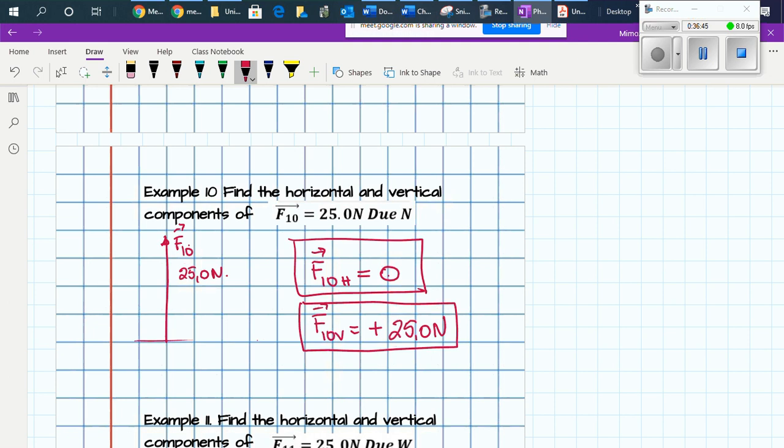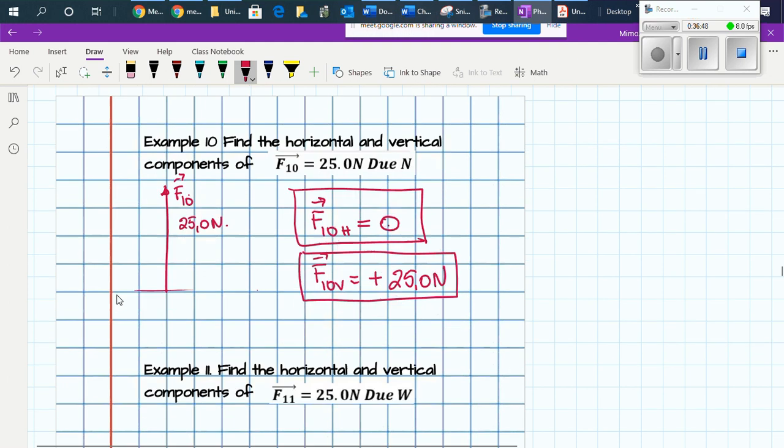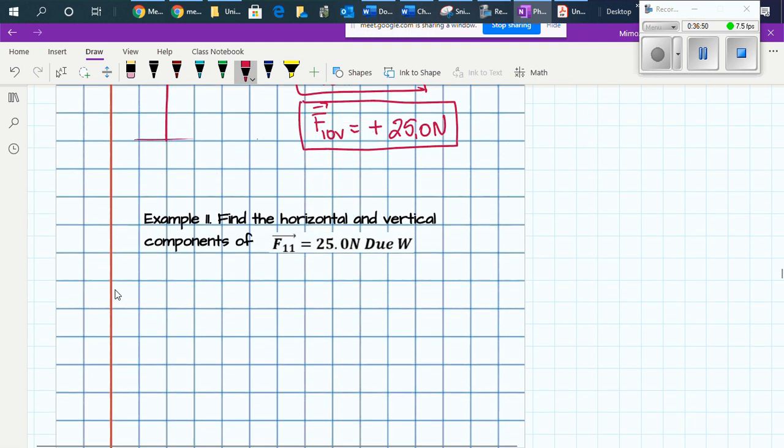Or when we have the case, like in example 11, where the vector is going west. So we have a vector that goes like this. This is vector 11, or F11, 25 newtons due west.